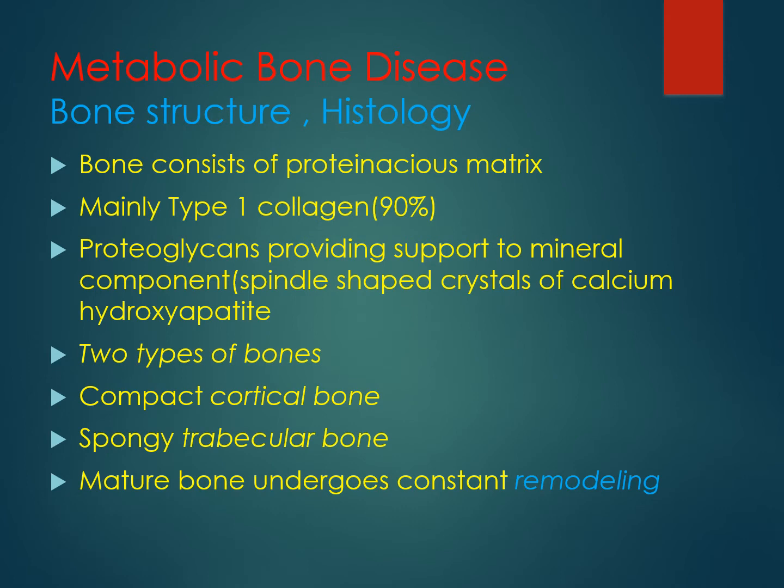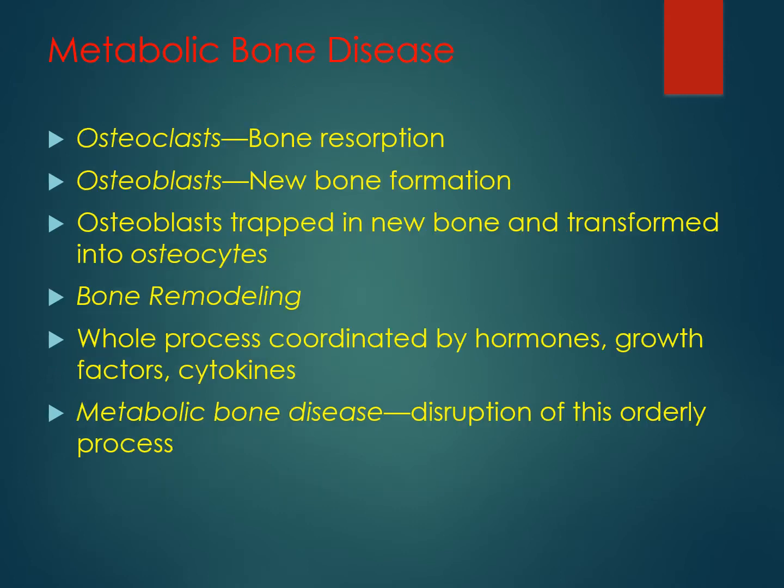Mature bone undergoes constant remodeling. I will let you know what is the concept of remodeling. Now, the cells of the bone, osteoclasts are the bone resorption cells which actually mobilize calcium and phosphorus from the bone. Osteoblasts are the bone forming cells which lay down osteoid matrix.